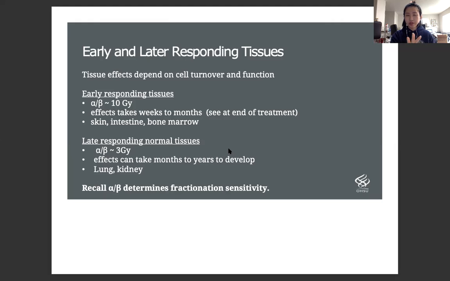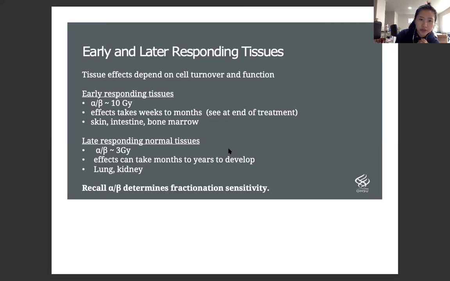Just making sure that for chapter 19, we are still talking about normal tissue. Later on, we're going to focus on comparing normal tissue and tumor tissue, and how radiation affects normal tissue and tumor tissue differently.